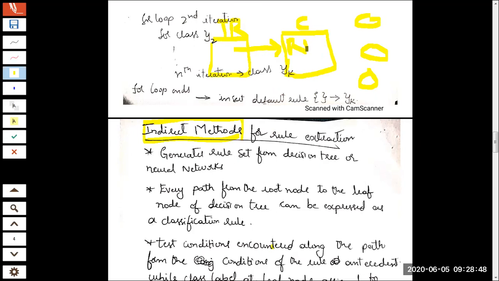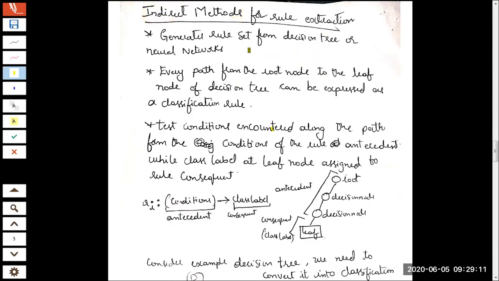So rule R1, rule R2, all these rules were learned directly from the TR, the training records. That is why it is given the name direct. Then what will be indirect? It's a very easy guess. Same situation, same scenario. What is it?